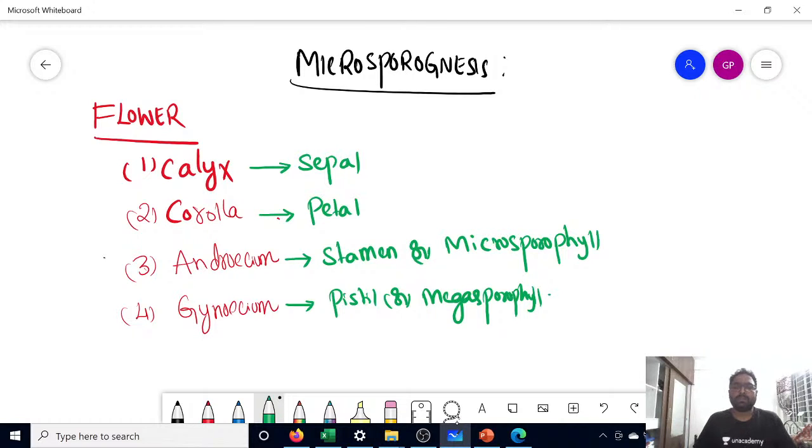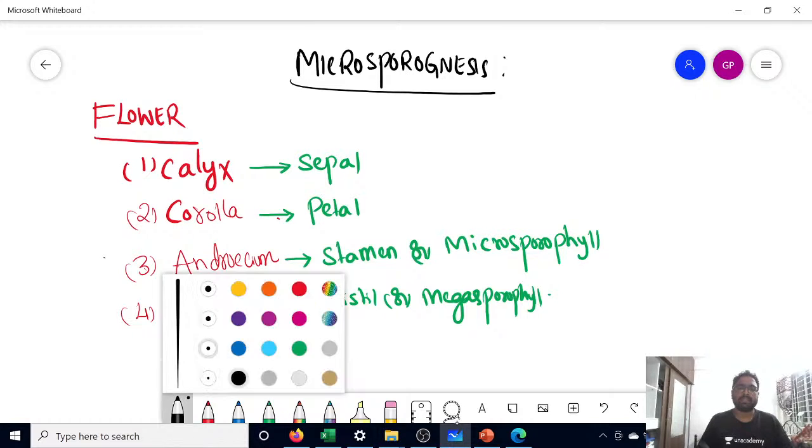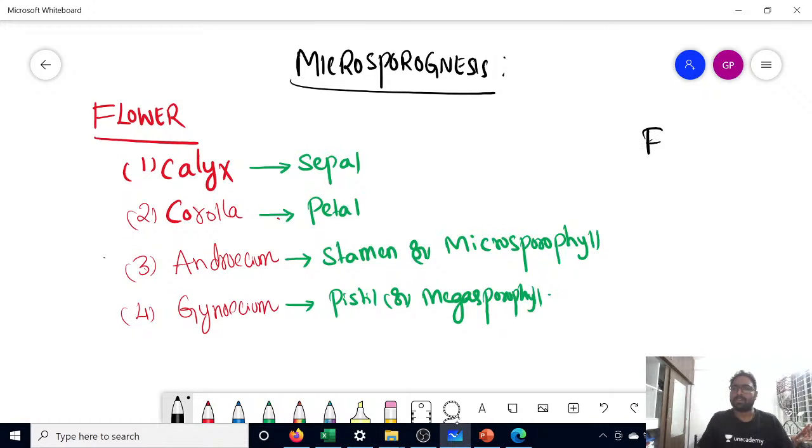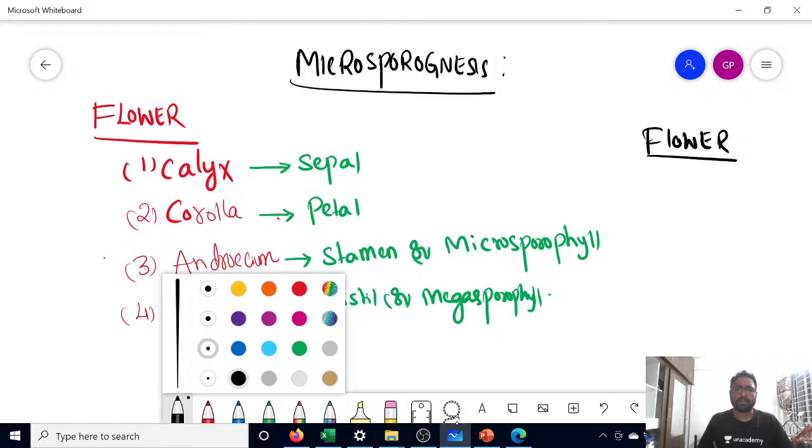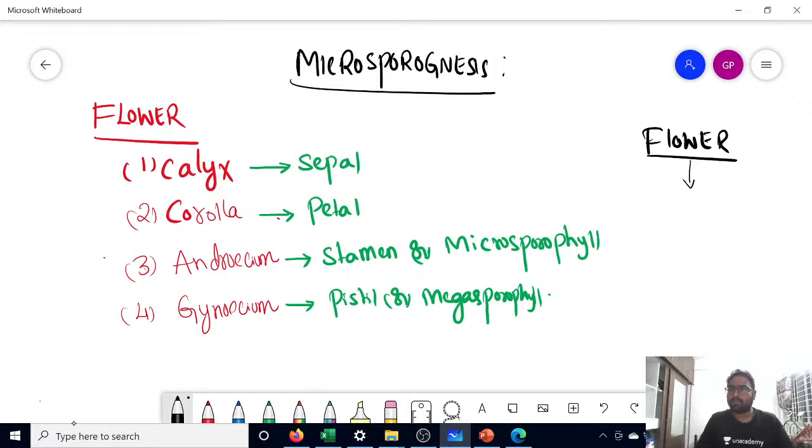So students, now for flower, do you know what is the function of a flower? Biologically the function of flower is, yes, it is meant only for sexual reproduction.